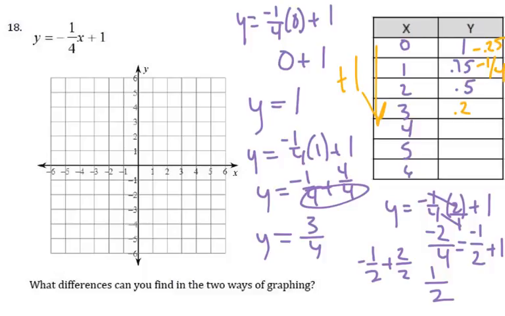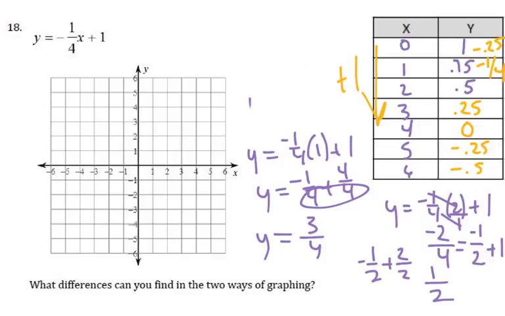So that should be what? 0.25. This one should be 0, negative 0.25, negative 0.5. And we could check that number 4. And when I say pick smart numbers, this would have been a good number to count by 4s. Because what happens if I take a fraction and its denominator is 4 and I times it by 4, those cancel out.